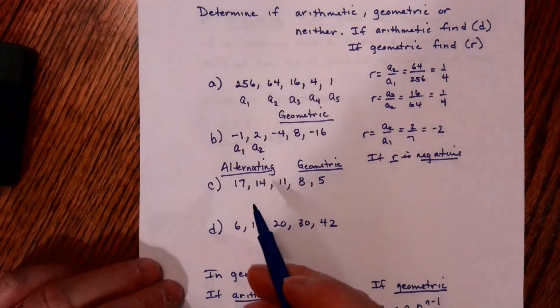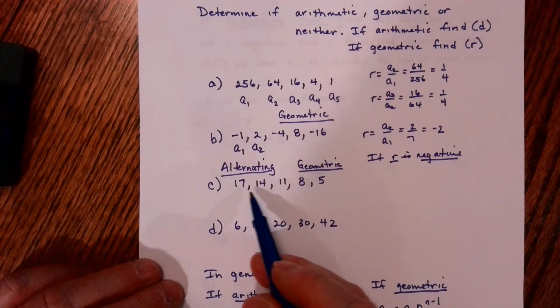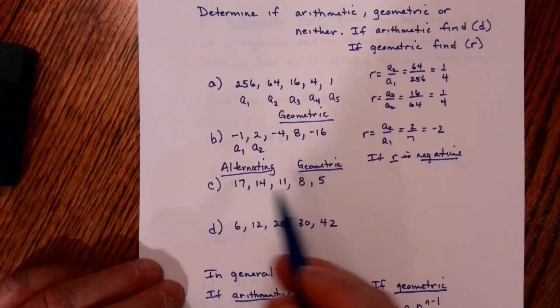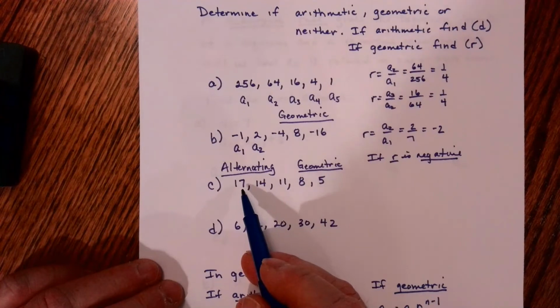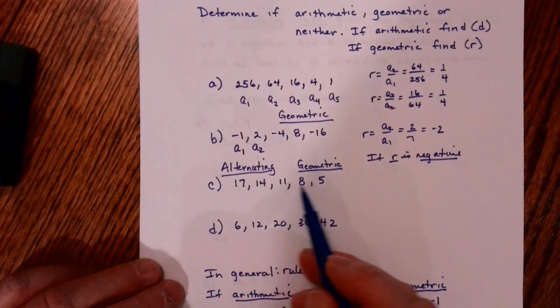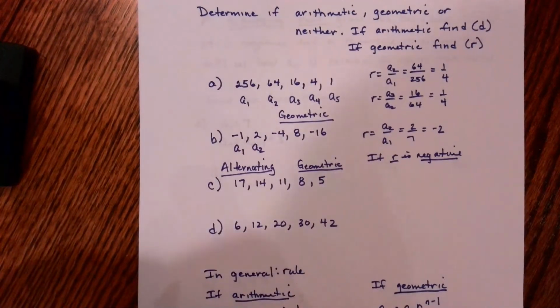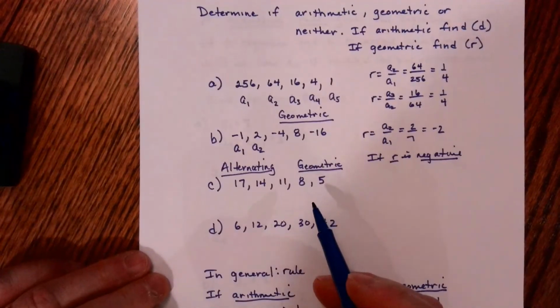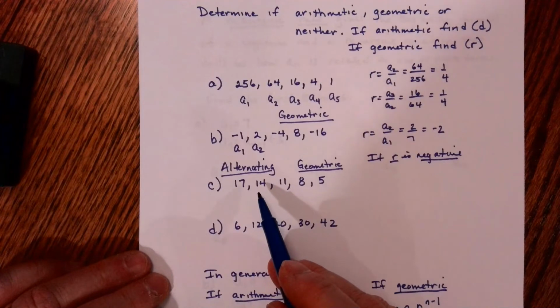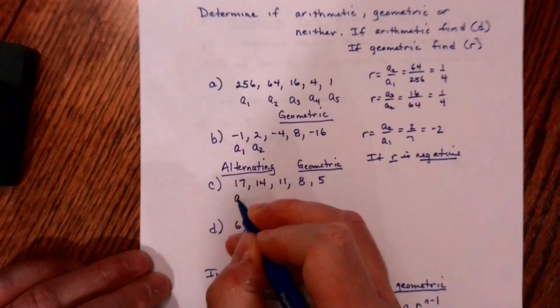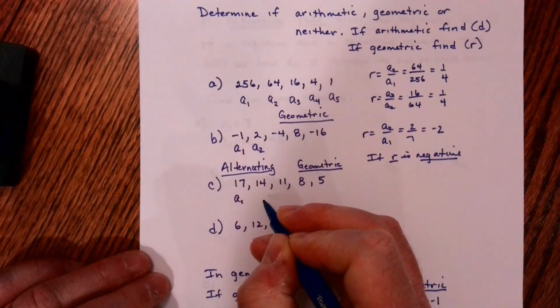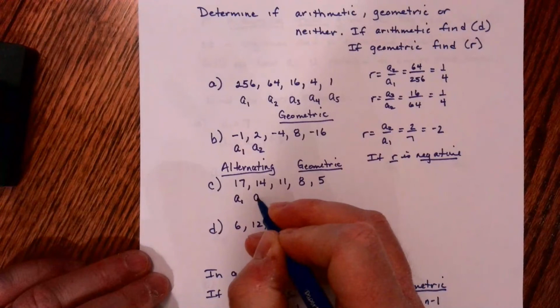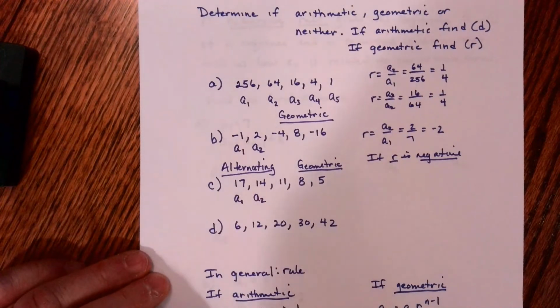I don't think it would take you much time to realize this is not geometric, because it's impossible for me to multiply 17 and come up with a consistent ratio for each one of these numbers. But it does look like it's decreasing, and it's decreasing by a common difference. But here's where I have to be careful. You see, my first term's value is 17, my second term's value is 14.